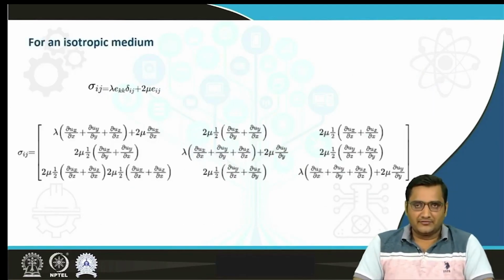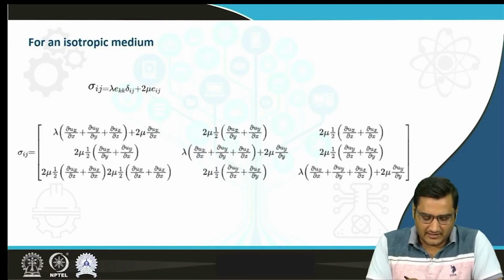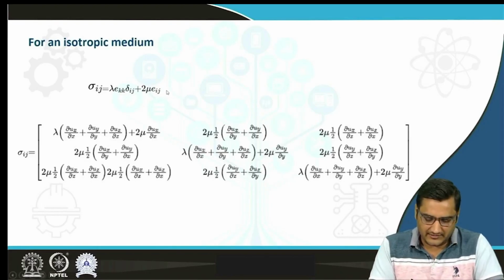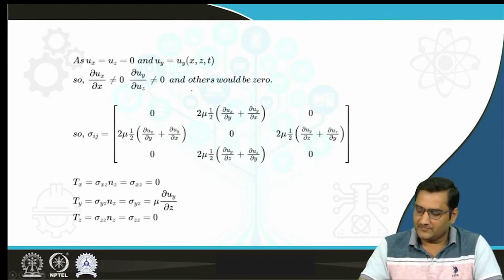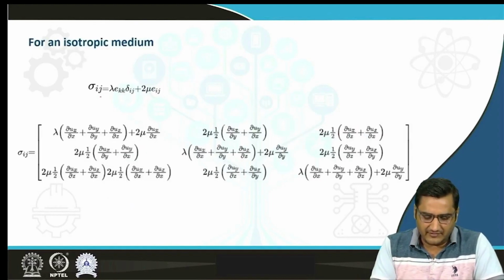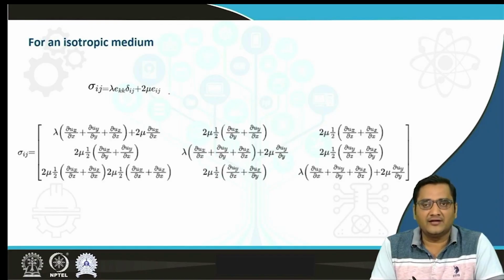So for an isotropic medium, we can write Hooke's law in the form of Lame's parameters lambda and mu, something like this in the Einstein notation. In the Einstein notation, sigma ij will be equal to lambda E kk delta ij, where delta ij is the Kronecker delta function, plus 2 mu E ij.